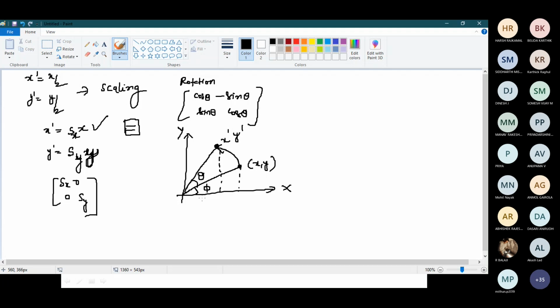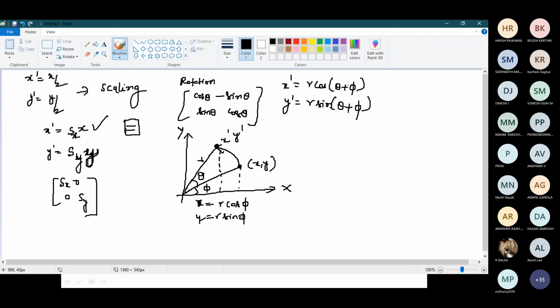If we take the radius as r, then x will be r cos phi and y is equal to r sin phi, and x prime we will get as r cos of theta plus phi, and y prime will be r sin of theta plus phi.